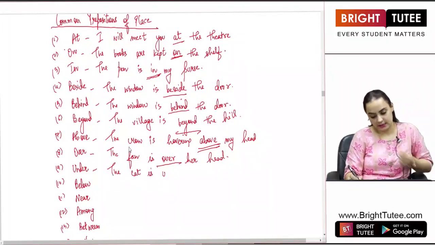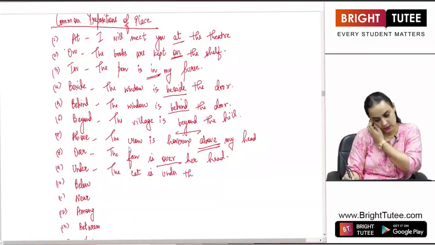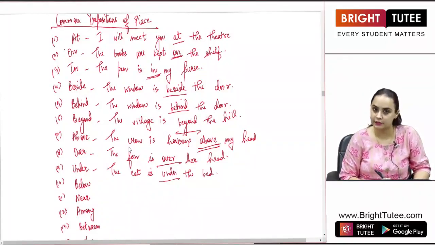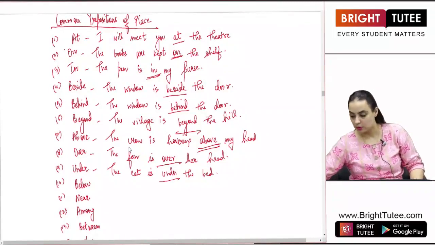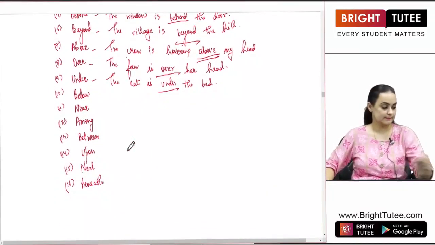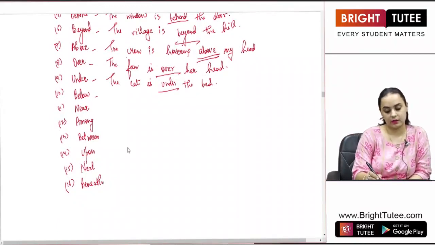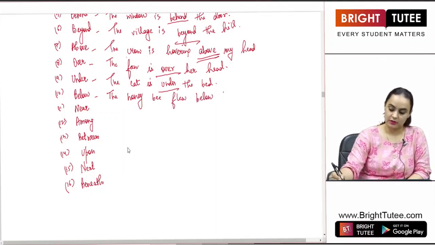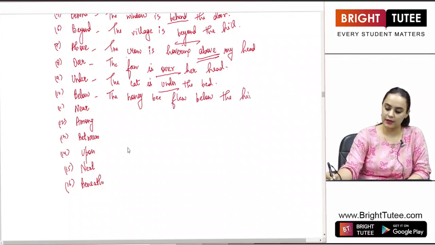Under. The cat is under the bed. So where is the cat? Under the bed. Below. The honeybee flew below the hive.